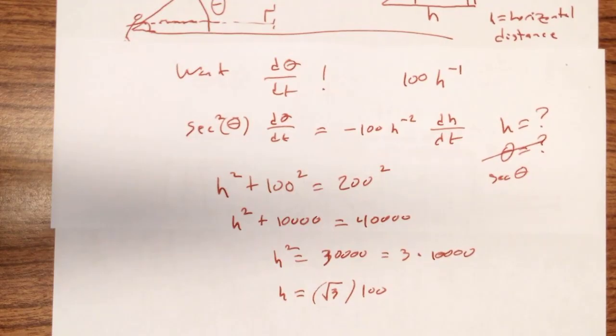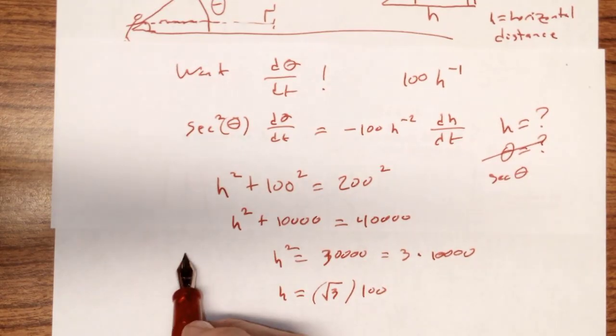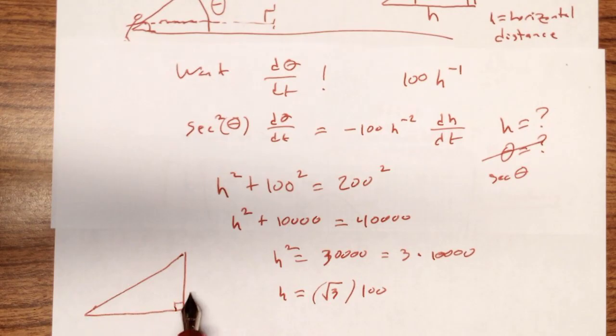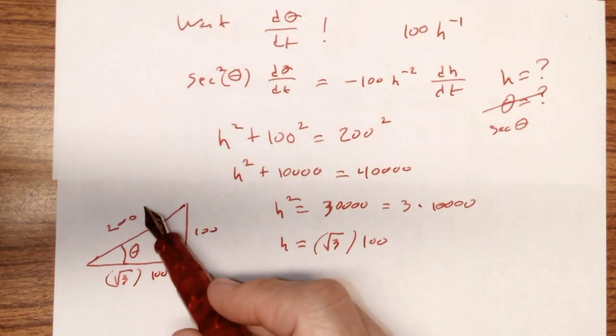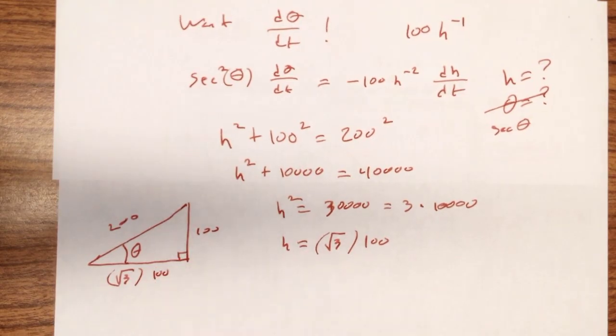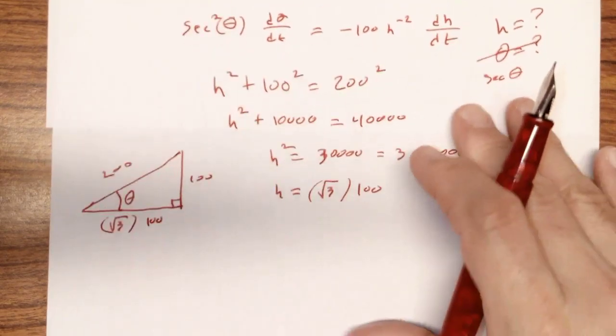Now, you might be saying, how does this help me with theta? Well, now I know all three sides of my triangle, and this is theta. If this is theta, secant is hypotenuse over adjacent, because secant is 1 over cosine.